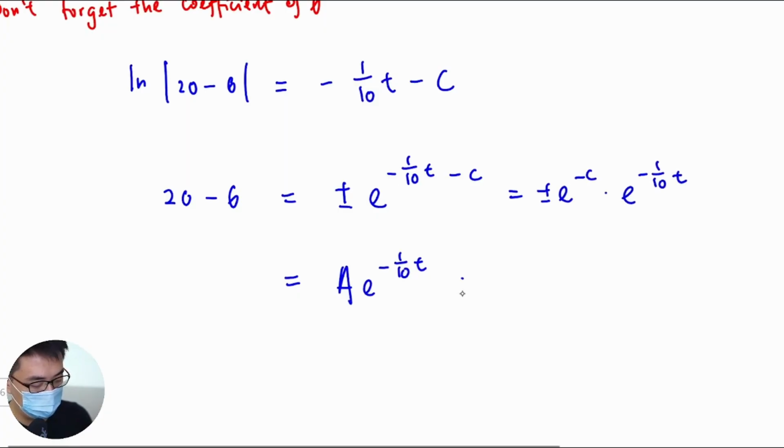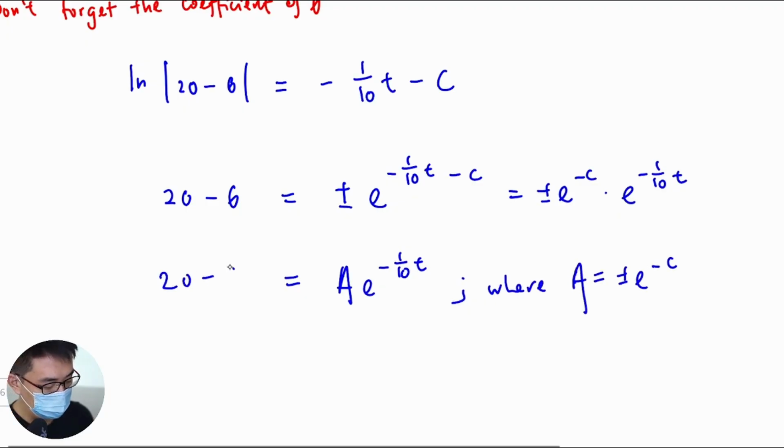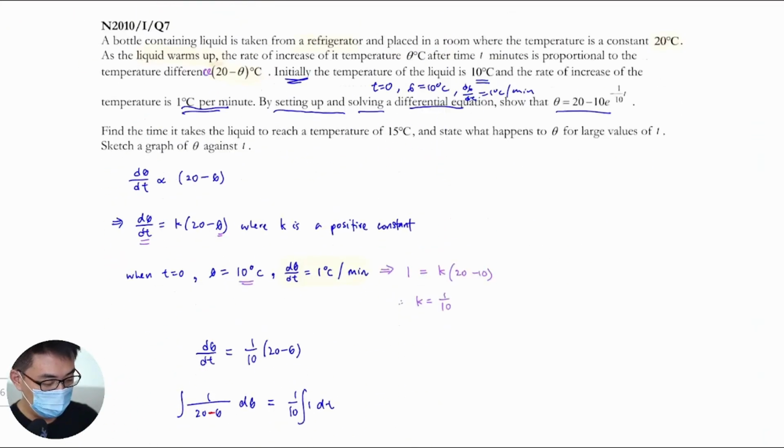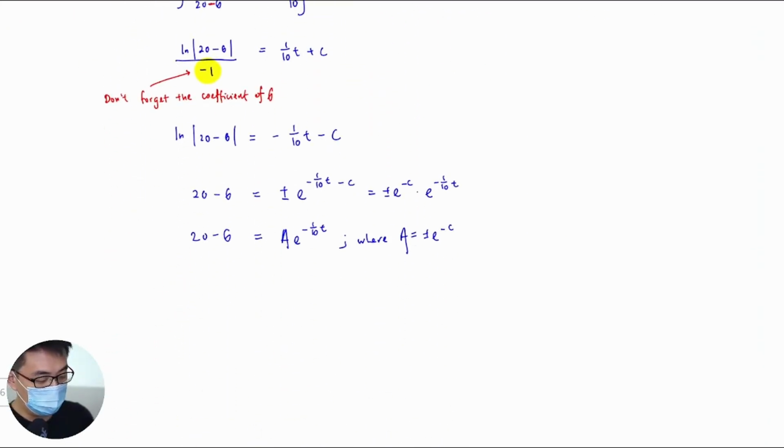Then you substitute in the boundary value, the initial value: 0 and 10.